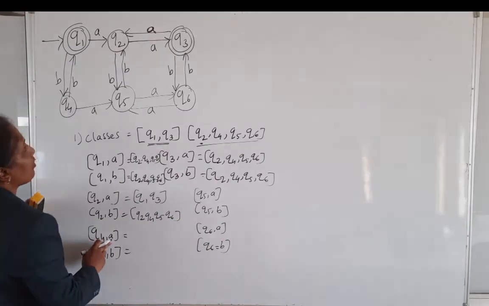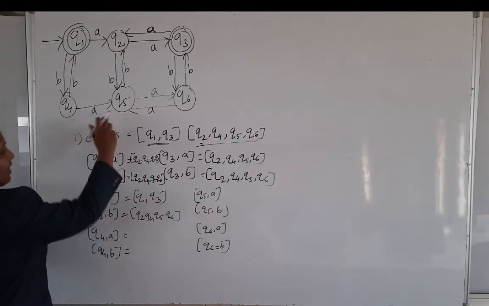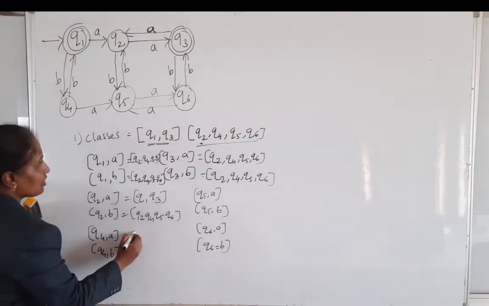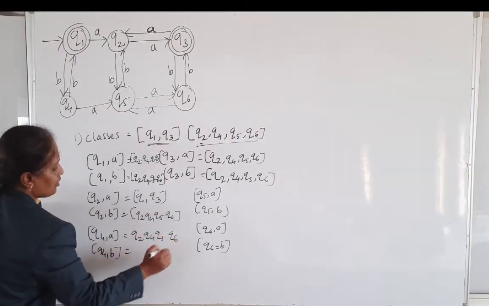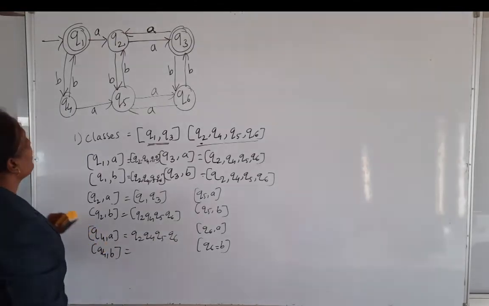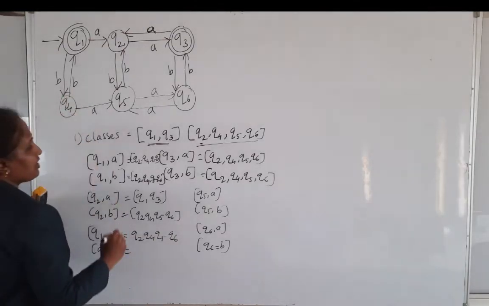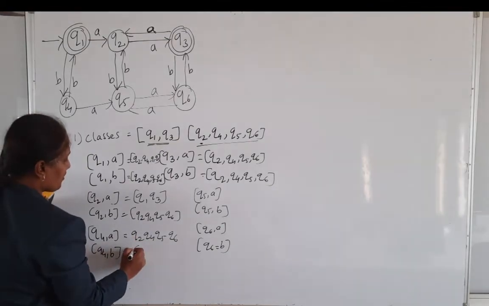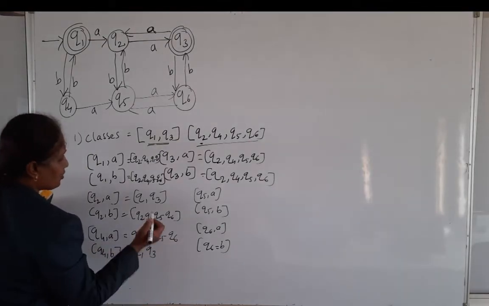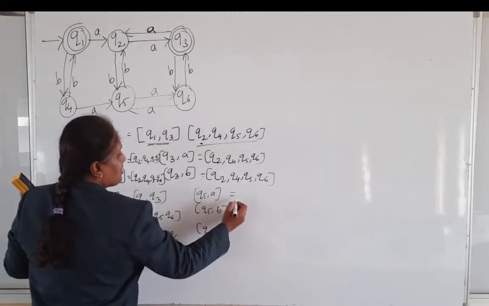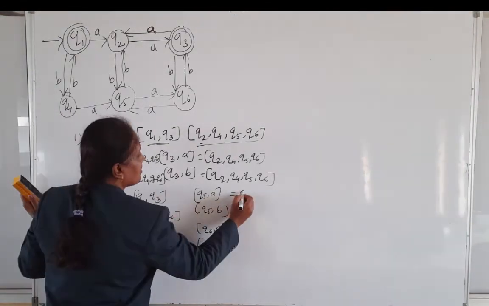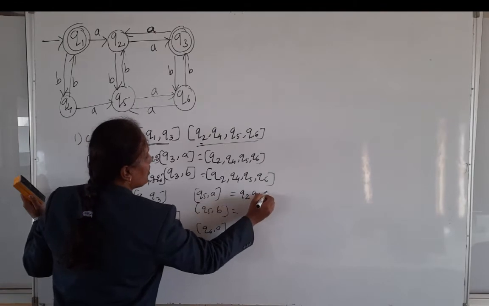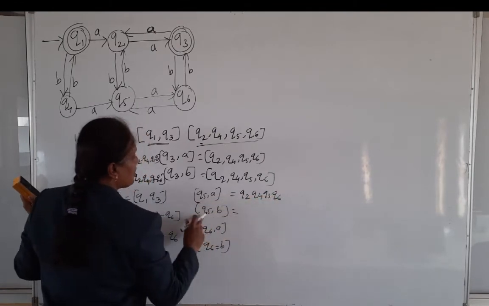Next Q4 of A, I reach the Q5 state. So I will write Q2, Q4, Q5, Q6. Q4 of B, where I reach Q1, where Q1 is a member of this class, Q1, Q3. Next, Q5 of A, I reach Q6. So Q2, Q4, Q5, Q6 I'll write.